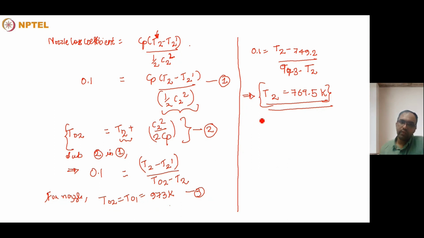Now we can calculate the velocity at the exit of the nozzle. C2 squared divided by 2 is equal to Cp into (T02 minus T2).